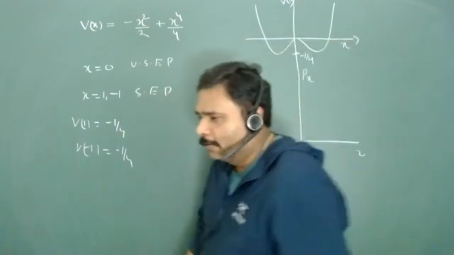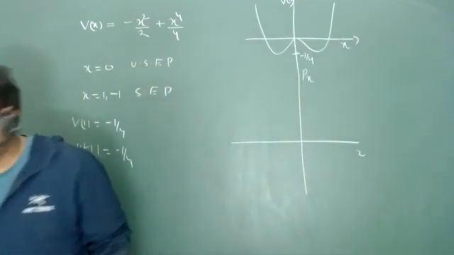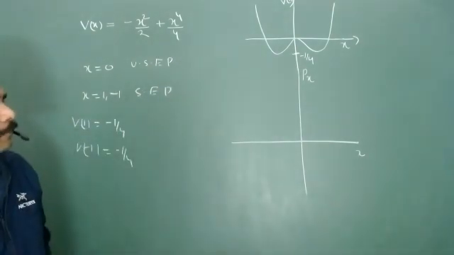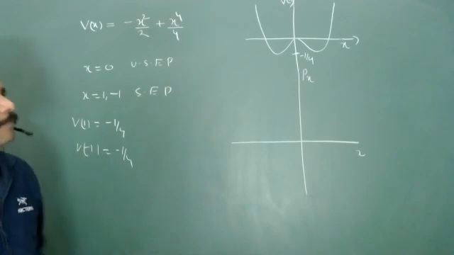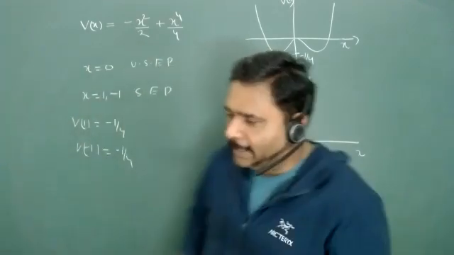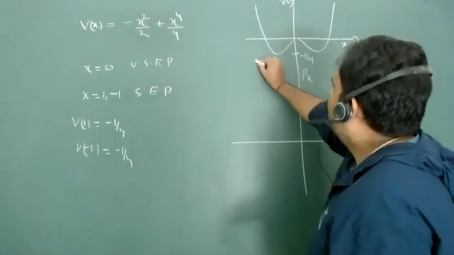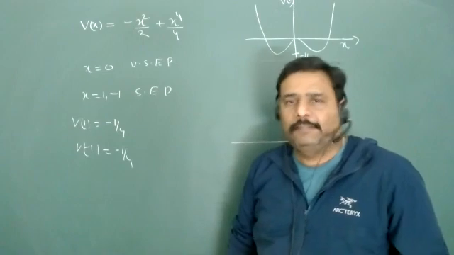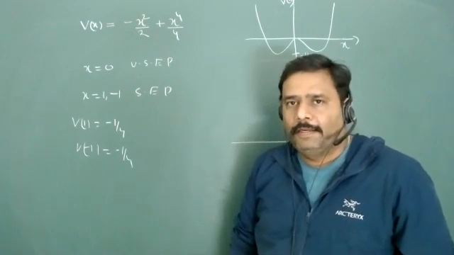Now my question is, can we plot the phase curve for this potential for E less than minus 1/4? No, we cannot plot, because if energy is less than minus 1/4, each and every region is classically forbidden, isn't it?